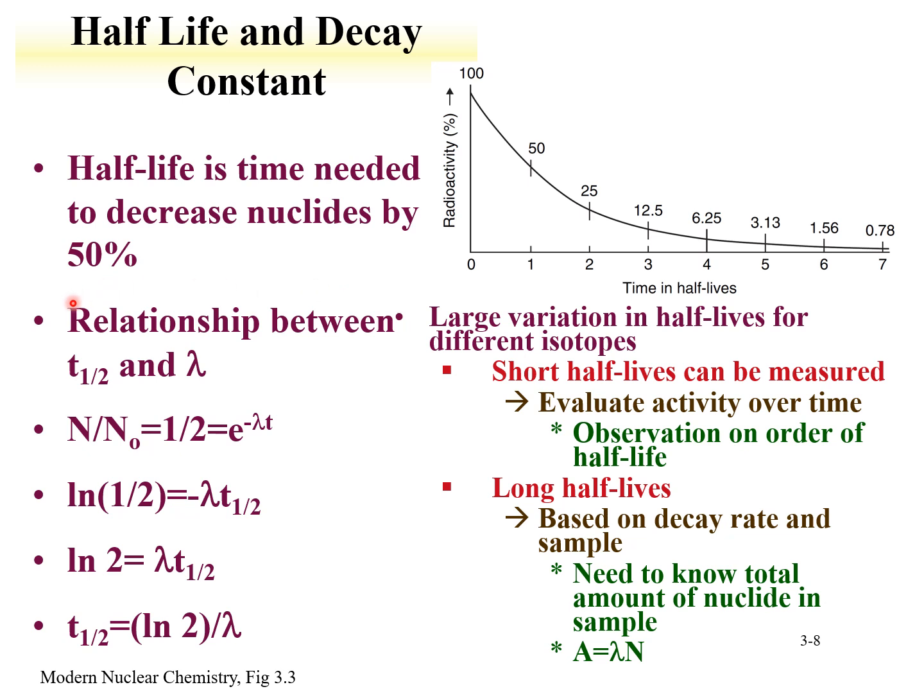If I took the general equation where the number of atoms at a given time t is equal to the number of atoms initial times e to the minus lambda t, I just looked at the ratio. So at the half-life, half is equal to e to the minus lambda t.